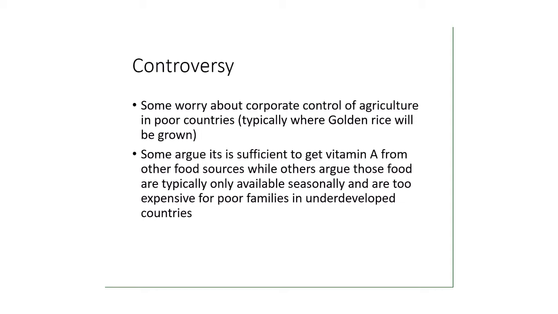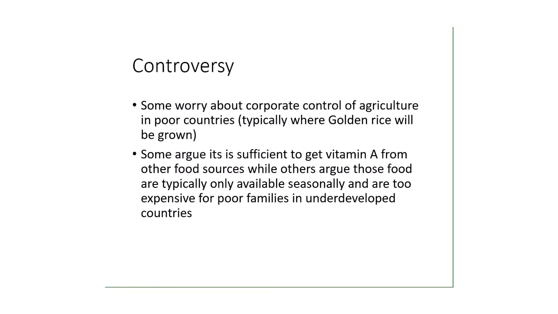However, the counter argument is that those kinds of foods are only typically available seasonally, and even if you're able to get those foods to those countries, it will be too expensive for poor families to buy them. So golden rice, many argued, was an economically feasible option to treat the vitamin A deficiency problems.